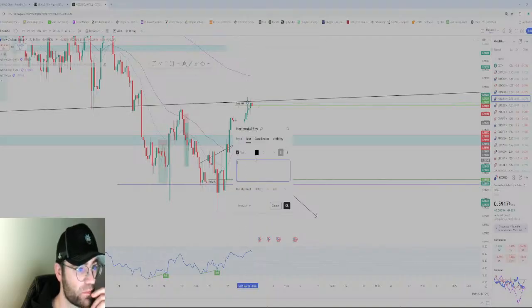Luckily I don't like this pair that much, so my other pairs are more interesting. 4 hour, oh, let me change this. 4 hour higher high.